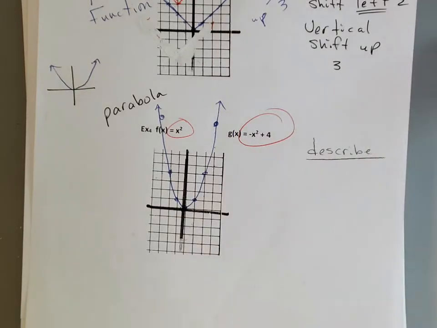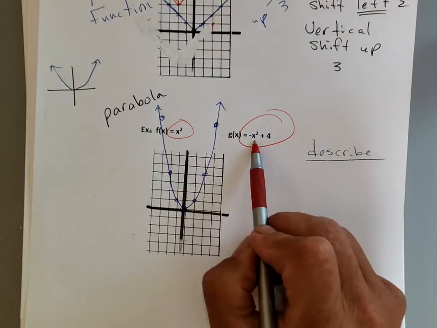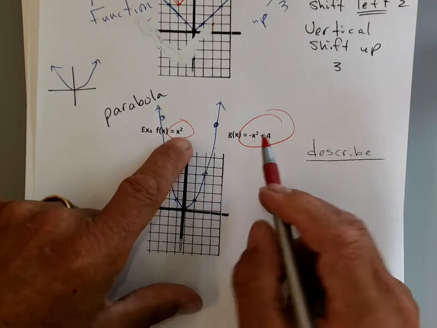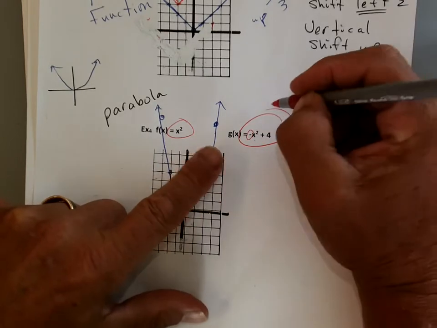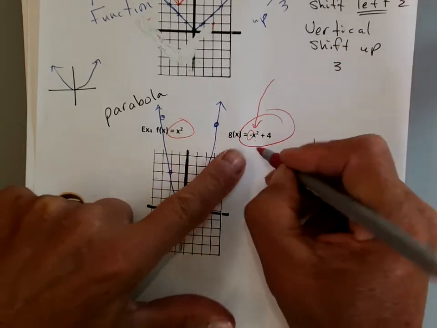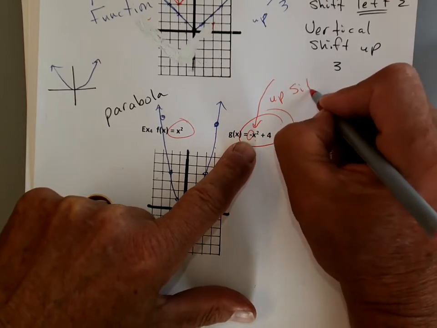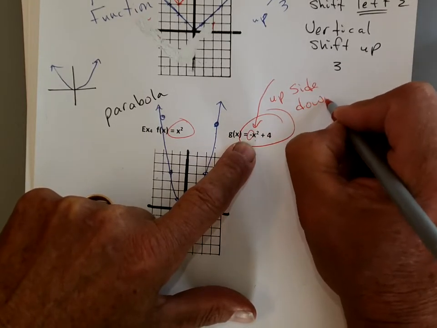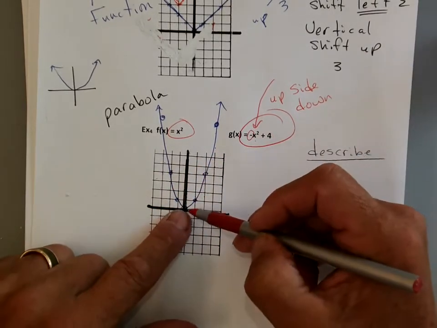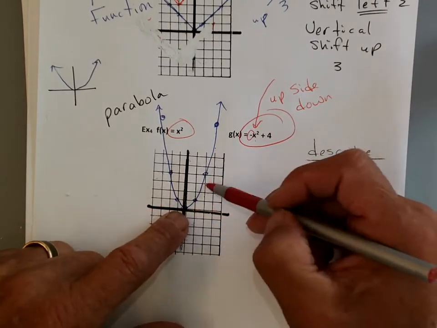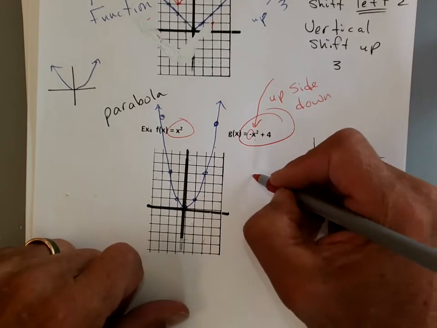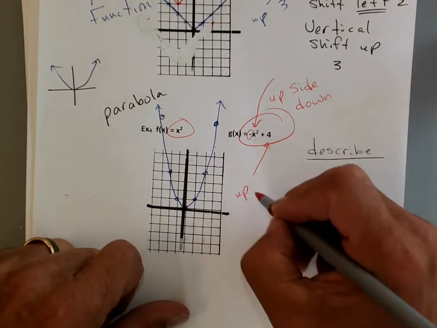Okay. So let's make a change. Let's take our x squared, which is our parent function. Because it has a negative in front of it, we're going to make it upside down. Because of the negative, any y values become negative. And then we're going to take it up 4.